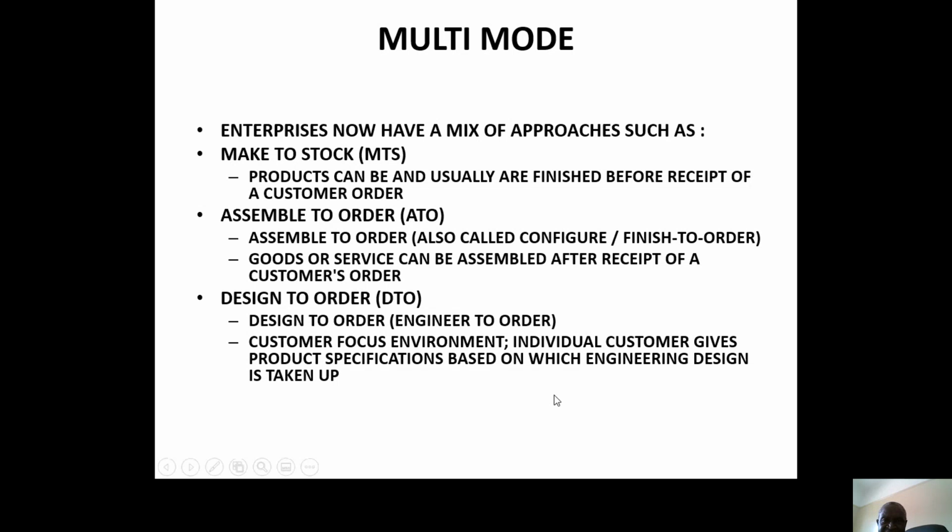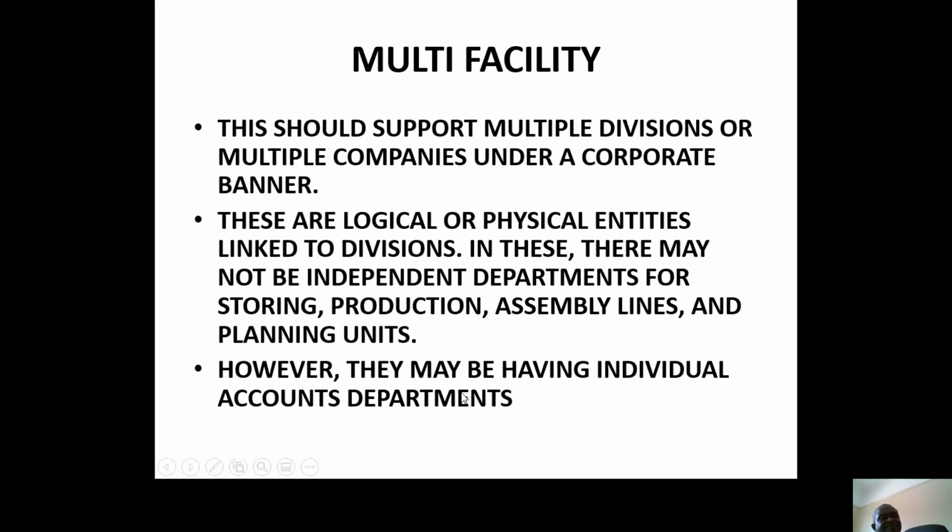Okay, multi-facility. Because we've got divisions in the company, the company is saying they are integrated. So it's multi-facility: production planning, assembly lines, and other departments, they are integrated.